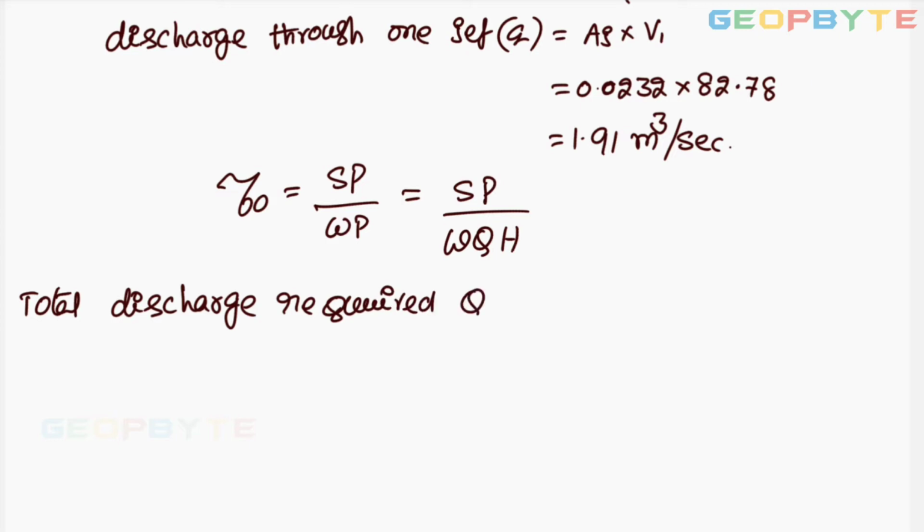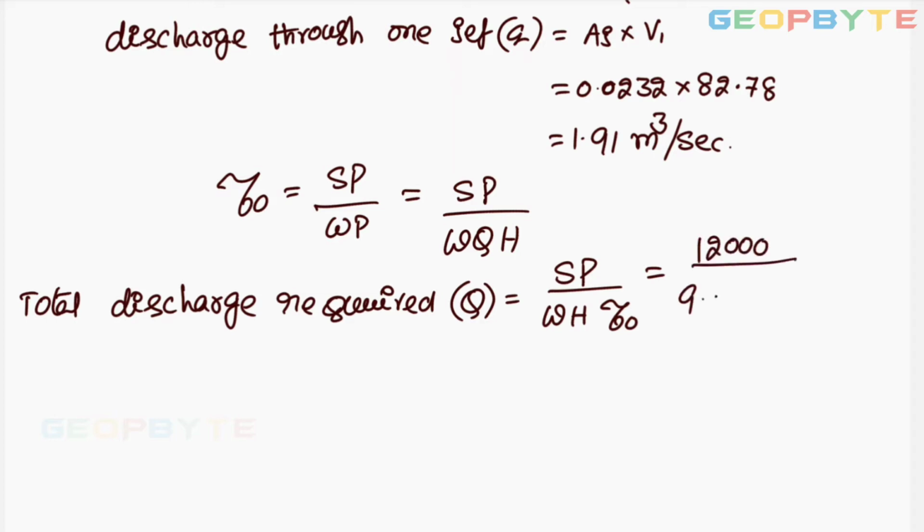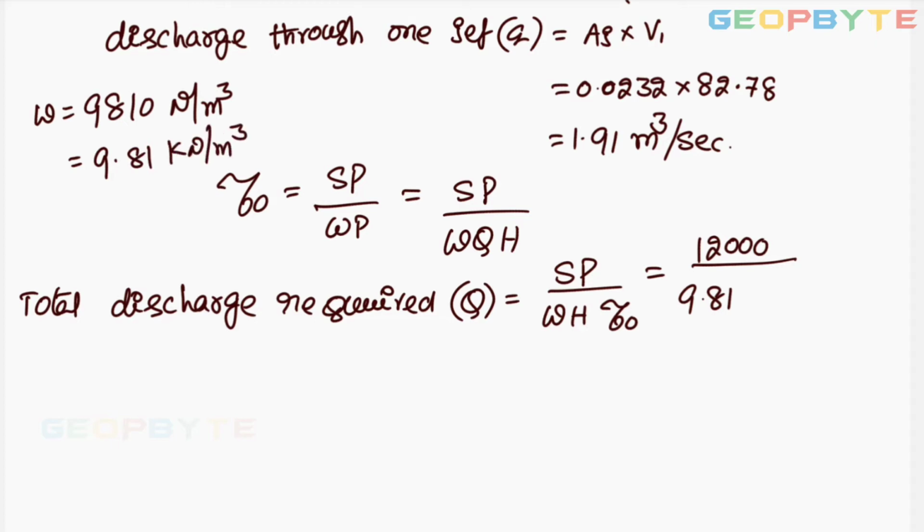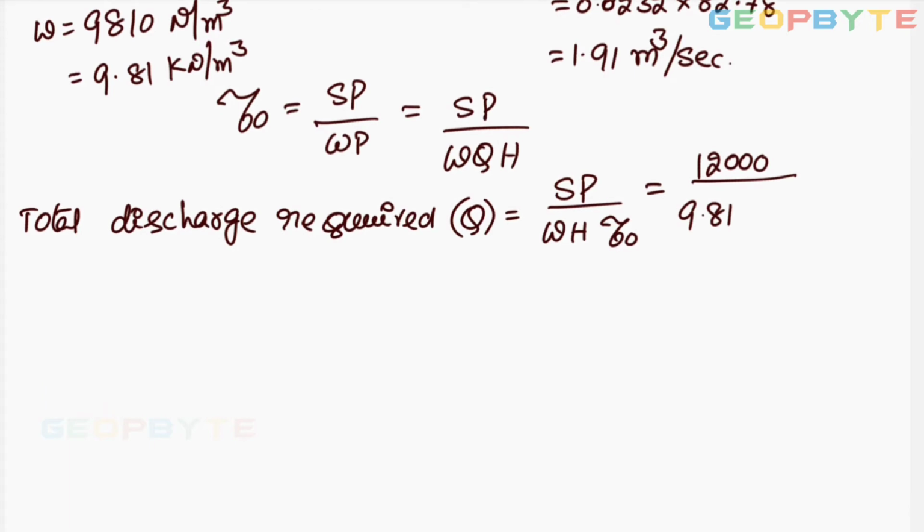Total discharge required, capital Q, equal to shaft power by W into H into overall efficiency. Shaft power is 12,000 kilowatts divided by W. W should be in kilonewton per meter cube. W equal to 9810 Newton per meter cube, which is 9.81 kilonewton per meter cube, since the power is in kilowatts.